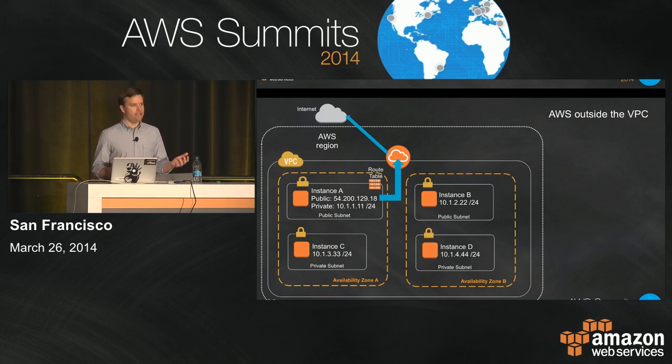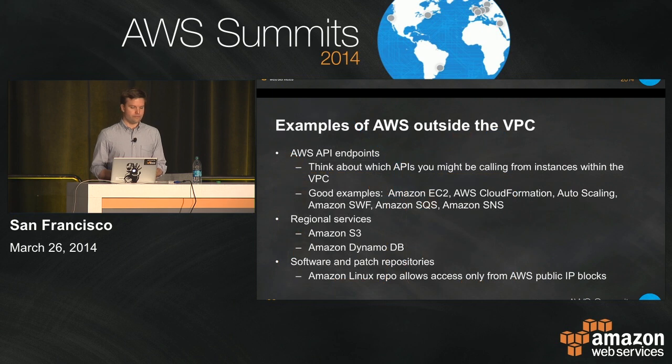But beyond getting to the internet, there are many services that live in public AWS that must be reached outside of the VPC. Things like S3, DynamoDB, any public AWS endpoints. Think about any instances inside your VPC that are calling CloudFormation or EC2 endpoints to change IP addresses, or SWF or SQS.